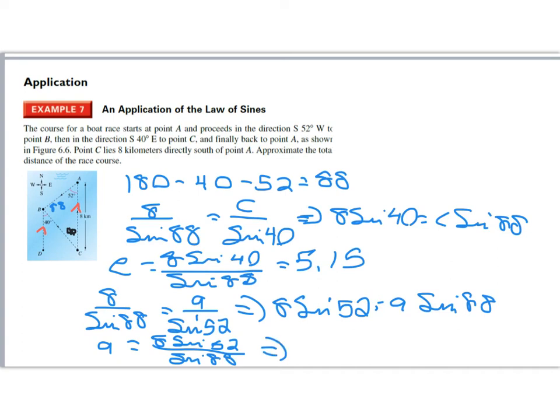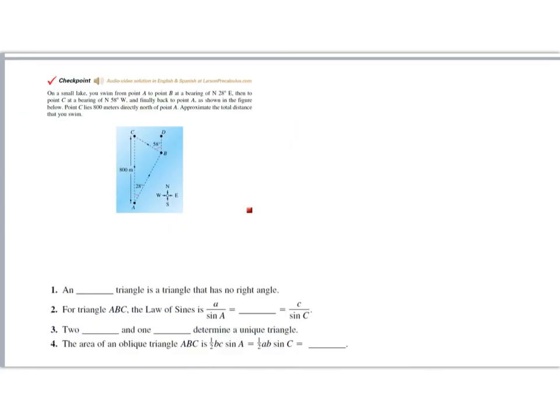Plug that in my calculator. And it looks like that's about 6.3. So now if we add up all of our sides, we should get 19.46 kilometers.